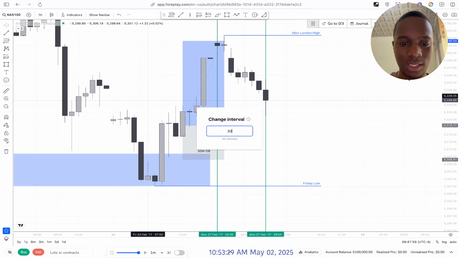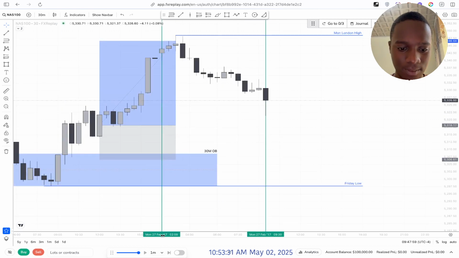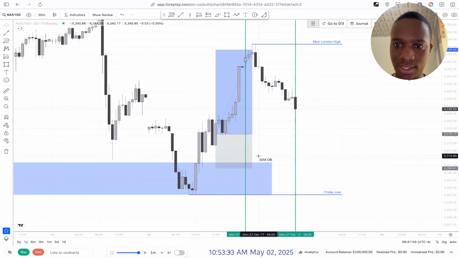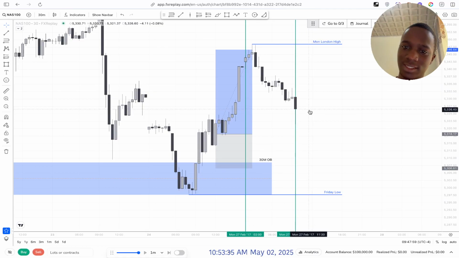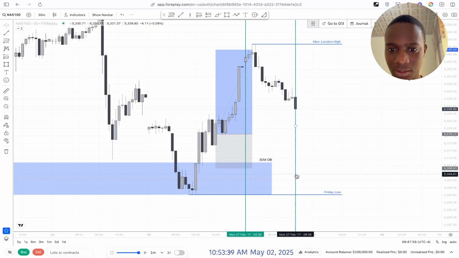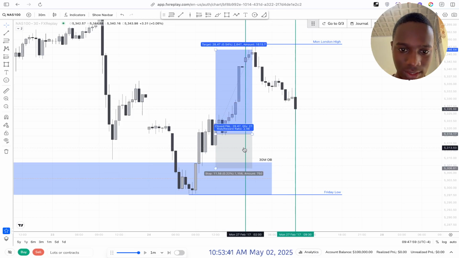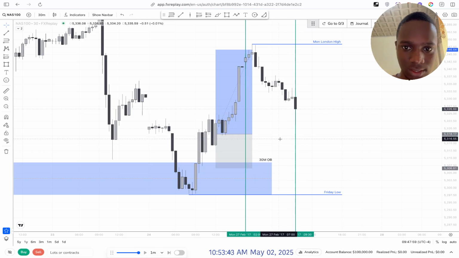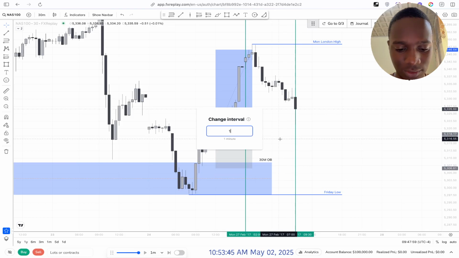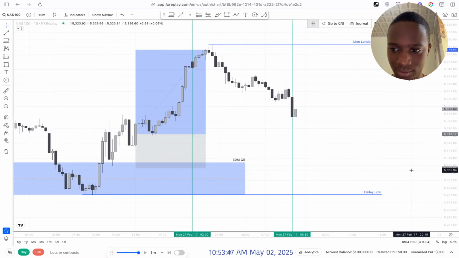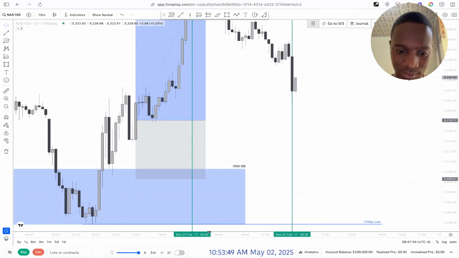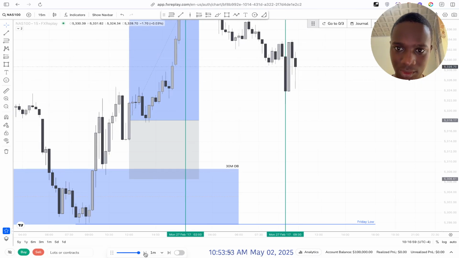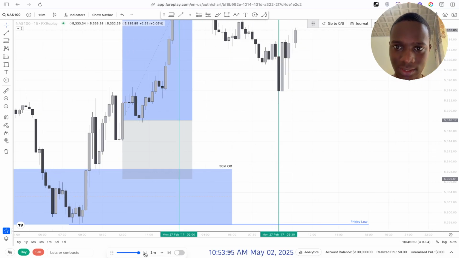So let's go to the 30 minute now. Right, so on 30 minutes we haven't got any entry yet, but you can see it's still trying to go low. And when we go to the 15 minute, you can see it push a bit higher again.